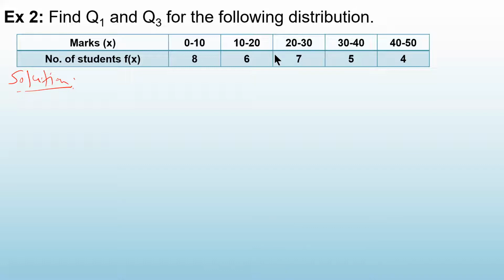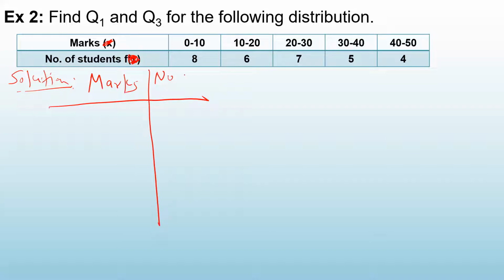So, this is marks. Don't write X here, by mistake I have it, because I'm not getting the actual value of X. It is only the class interval. Marks, and the second one is number of students. Number of students meaning what? It is the frequency, correct? F.